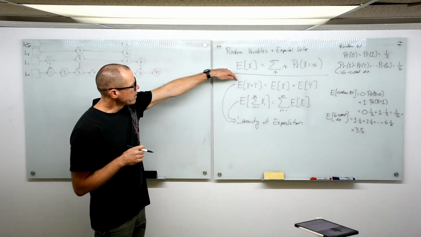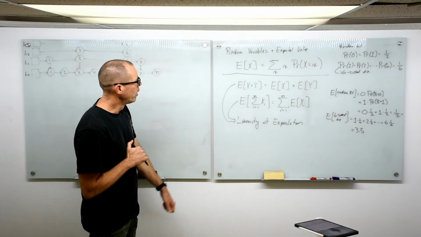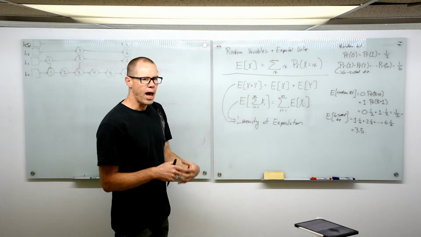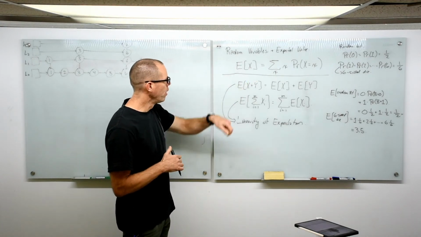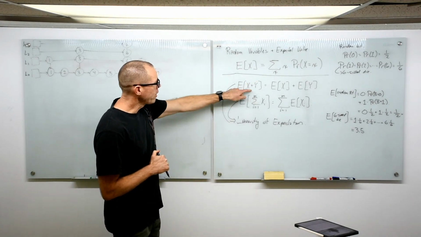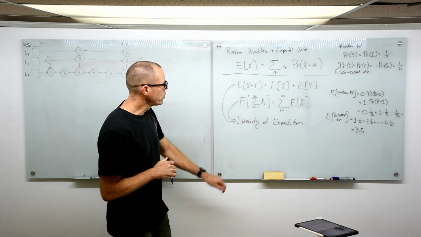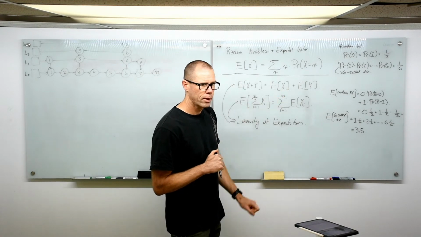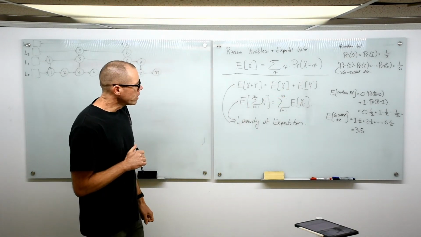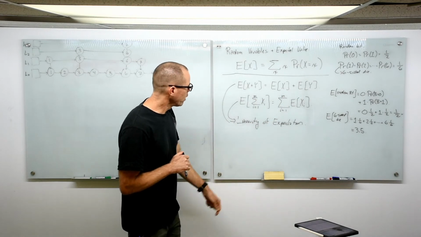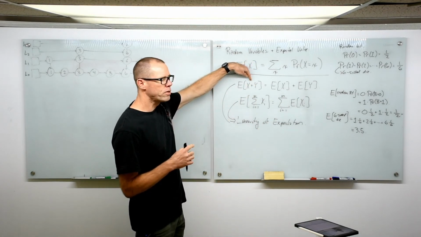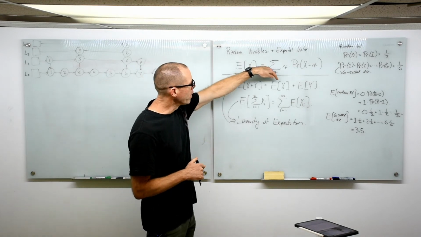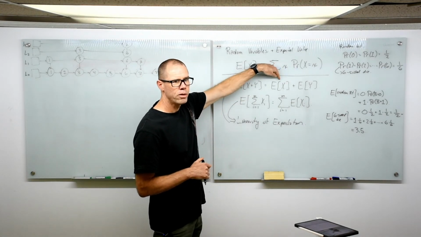So it says that the expected value of 2 random variables, x and y, if I add them together, so I take their sum, then the way to get the expected value of that thing is just to take the sum of the 2 expected values. This is extremely useful because on the left-hand side is what is often a complicated thing that we can break up into simpler parts that are easier to understand.